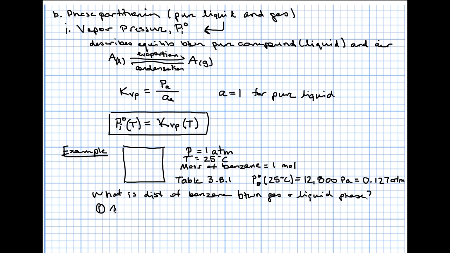So let's investigate the first possibility, that all of the benzene is in the gas phase. To calculate that, we are going to calculate what the partial pressure of benzene is, using the information that was given in the problem.